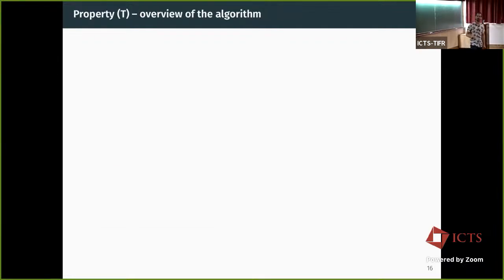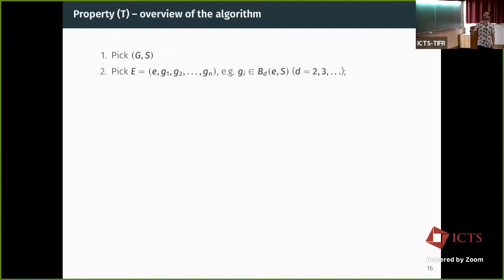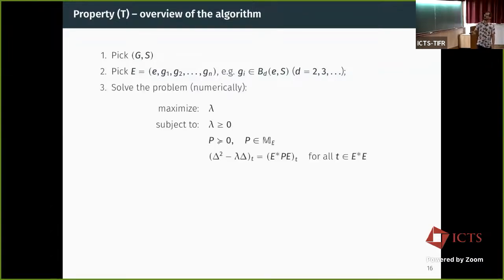All right. So this is the overview of the algorithm. We start with our finitely generated group G with generating set S. Then we pick some monomial bases. So this is a set of group elements. For example, we can pick a ball of radius D. And then we form this semi-definite problem where we want to maximize lambda, with lambda greater than 0 and P positive semi-definite, such that this Delta squared minus lambda Delta is equal to this vector-matrix-vector product.